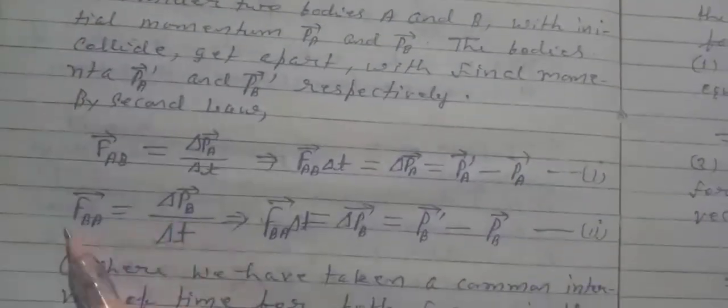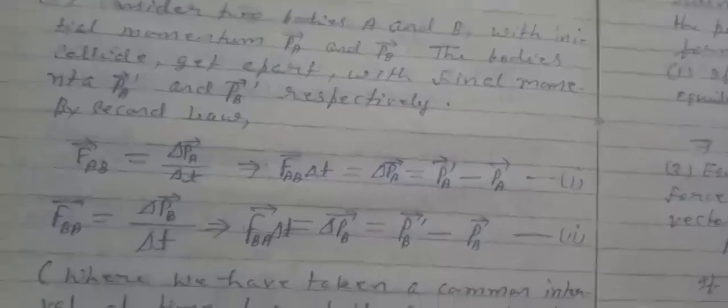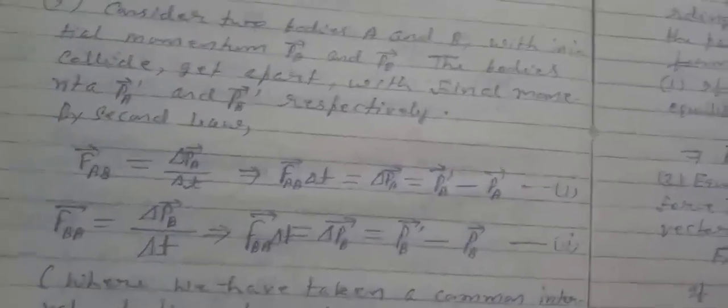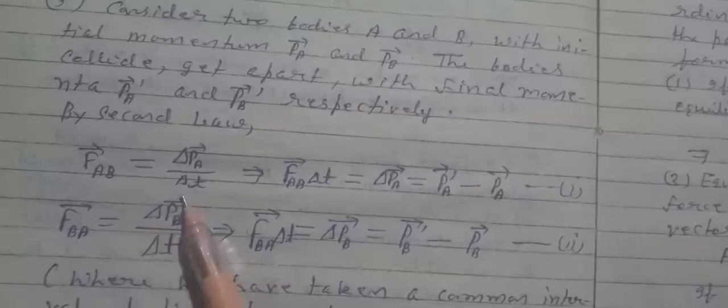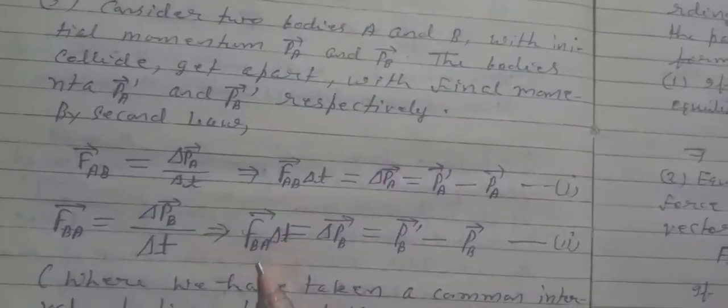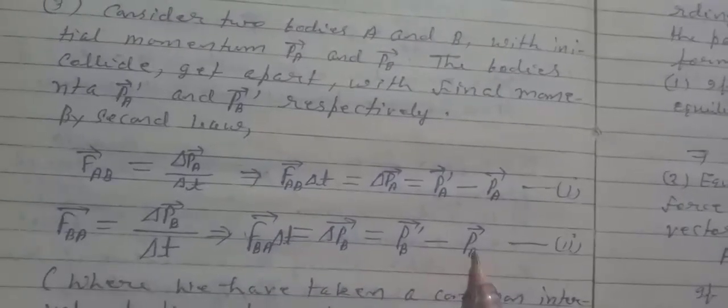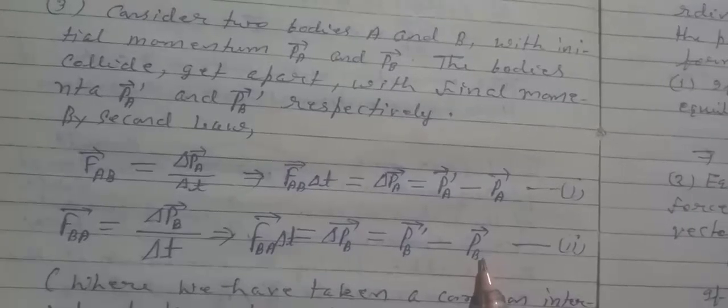Similarly, we can write FBA, that is the force on body B due to A, will be the change in momentum of body B divided by the time interval. So we can write FBA equals delta PB by delta T, or this implies FBA into delta T equals delta PB equals PB dash minus PB vector.